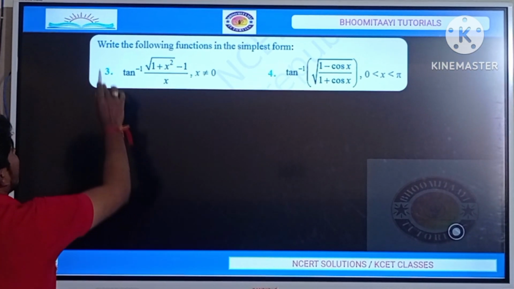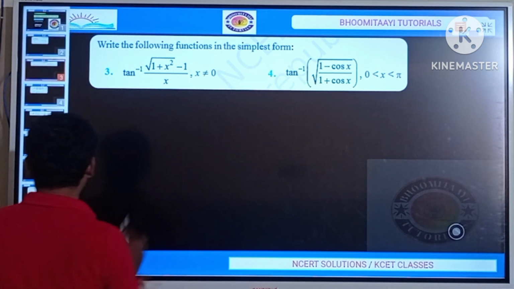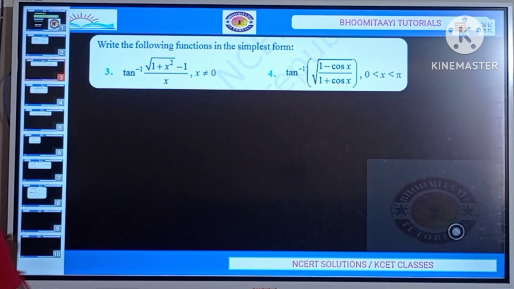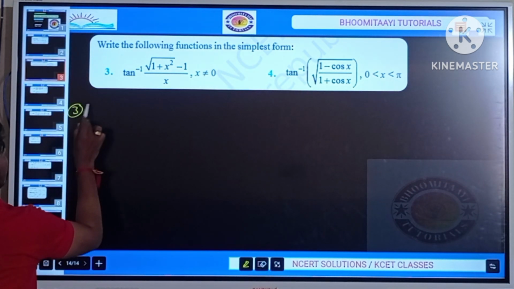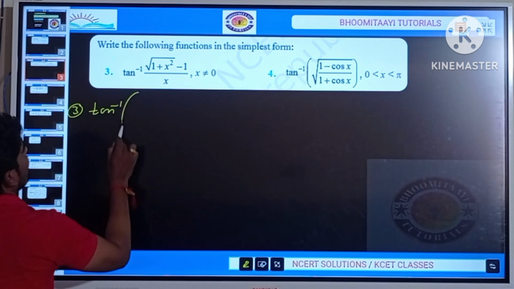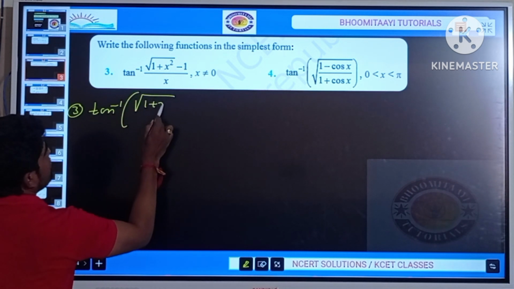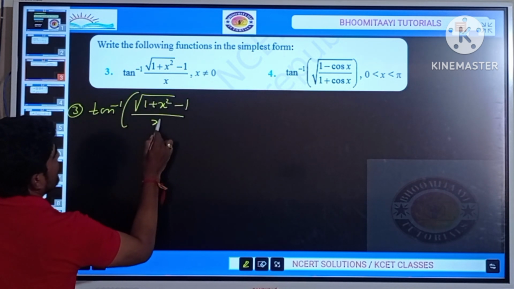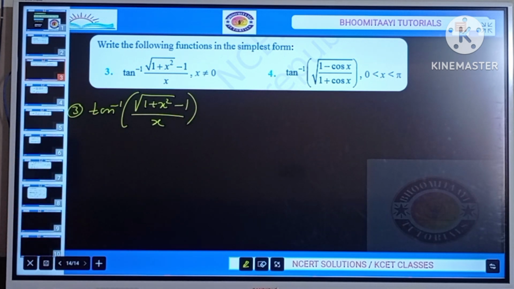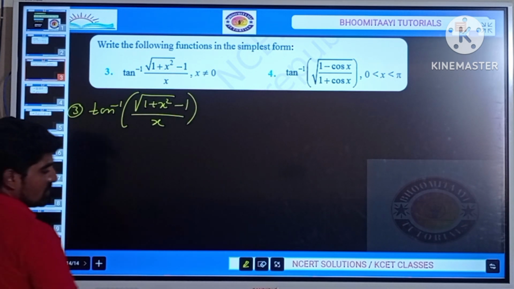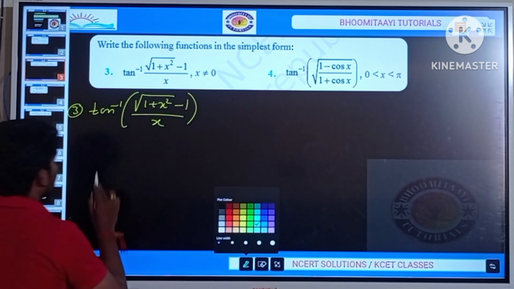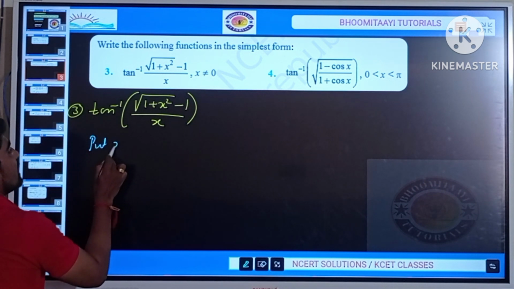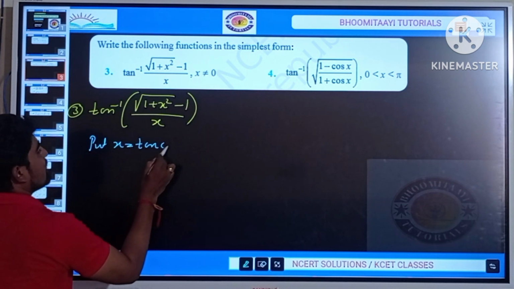Question: write the simplest form of tan inverse of root of 1 plus x square minus 1, divided by x. To write the simplest form of this inverse trigonometric function, put x equals tan theta.